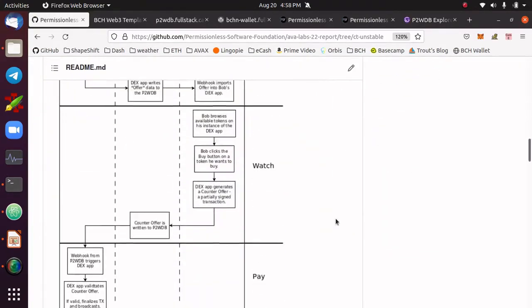And so we are Bob in this example, and we are going to hit that buy button, and it's going to generate a counter offer to the offer that exists on the pay-to-write database right now.